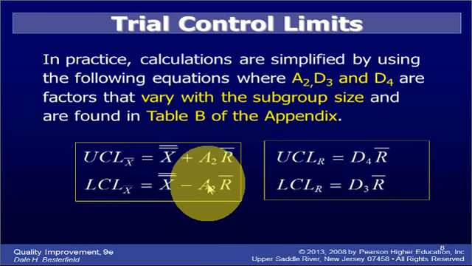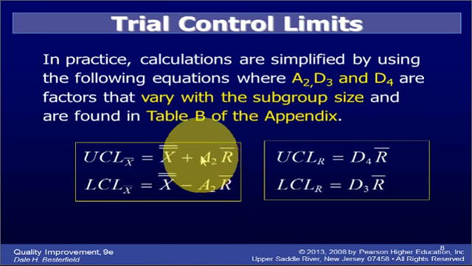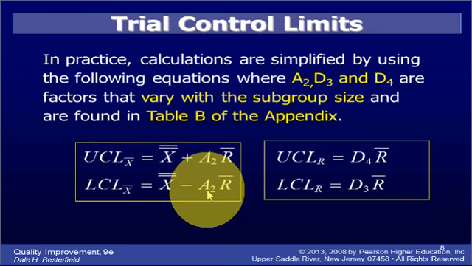You do not need to compute A2, but you need to look up this A2 value from table B. And this A2 value only depends on the subgroup size, which stands for the number of samples in one subgroup.